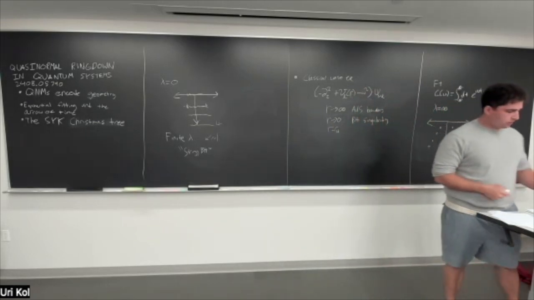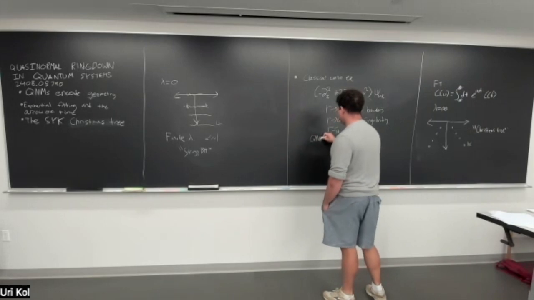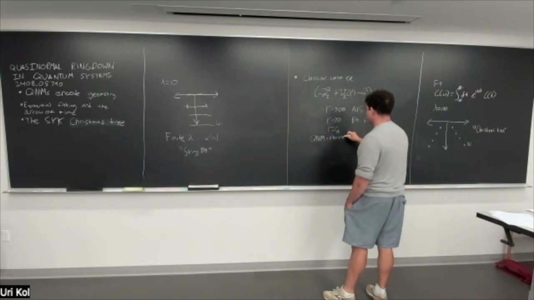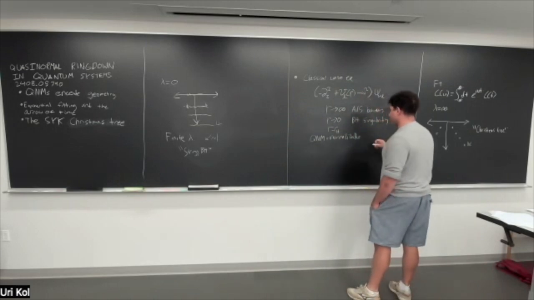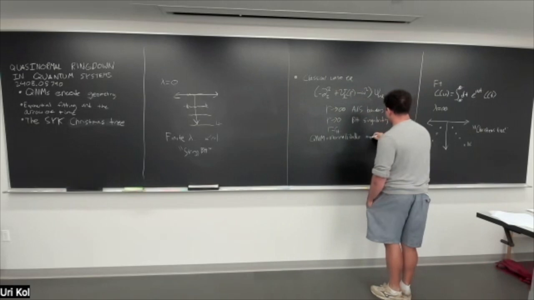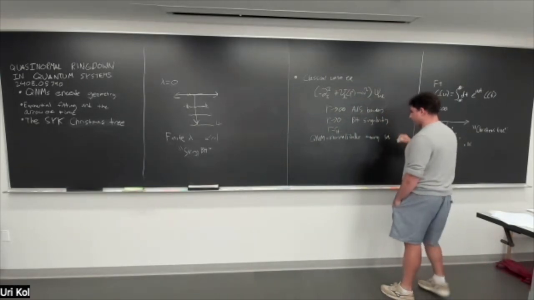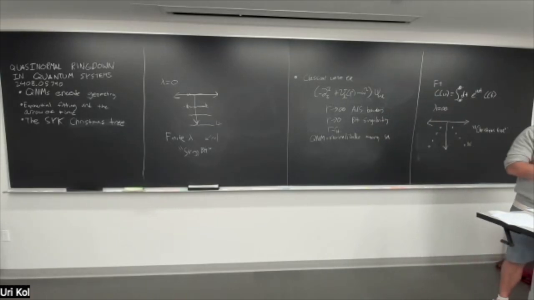And a quasi-normal mode is a normalizable, ingoing solution. Normalizable means that it falls off fast enough near the AdS boundary, and ingoing means at the horizon it's purely ingoing.